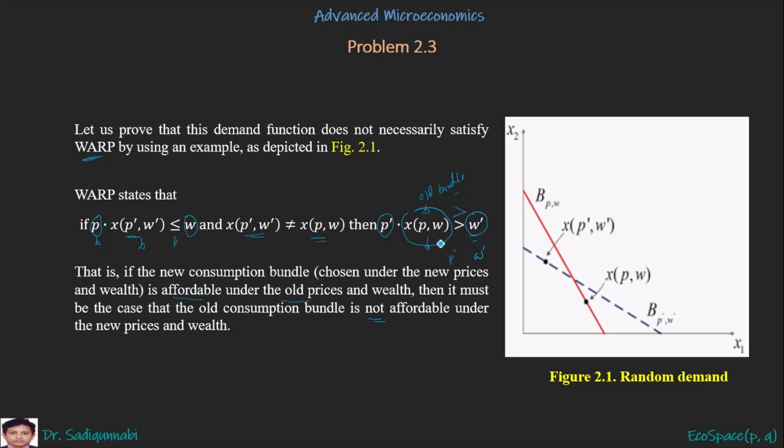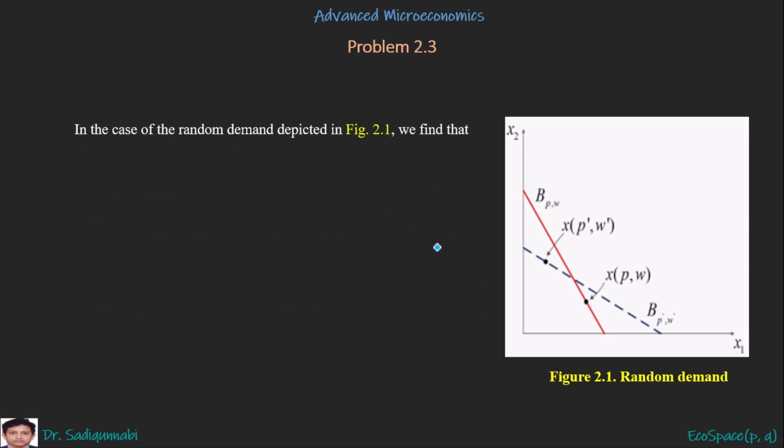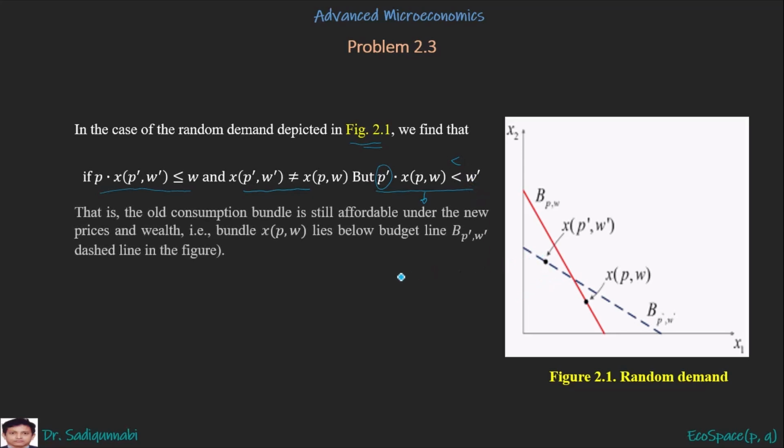So in the case of the random demand depicted in figure 2.1, we see that this condition is true, but we see that the old bundle at the new price is also affordable. Why? Because you see that the old consumption bundle is still affordable under the new prices.